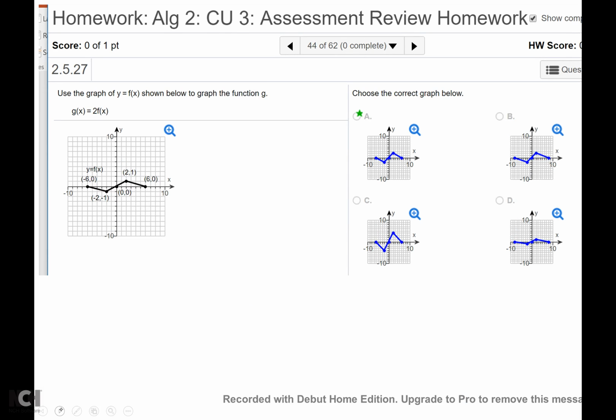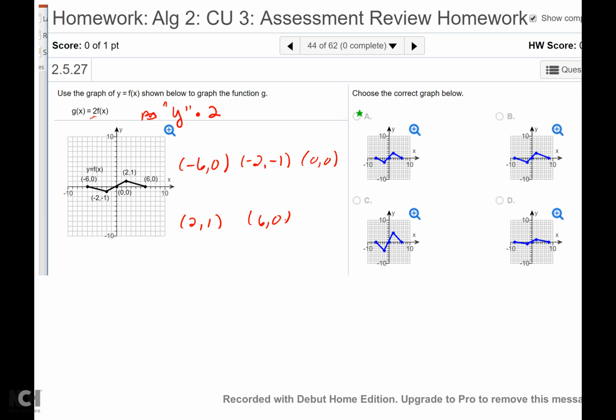Alright. Okay, this one, they've got a multiplier on the outside, which means multiply all of your y's by whatever that number is. So in this case, it's going to be 2. So they gave me the ordered pairs, nice of them: negative 6, 0, negative 2, negative 1, 0, 0, 2, 1, 6, 0.